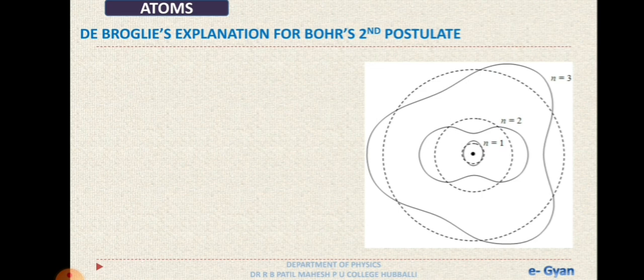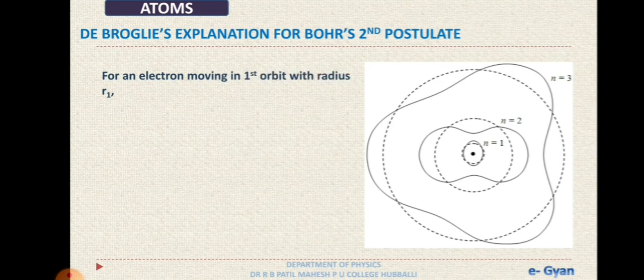When it comes to the second orbit of an electron, when n is equal to 2, it can have two waves, two troughs and two consecutive crests. So it can have two nodes. Similarly, as n increases, we get this kind of pattern.